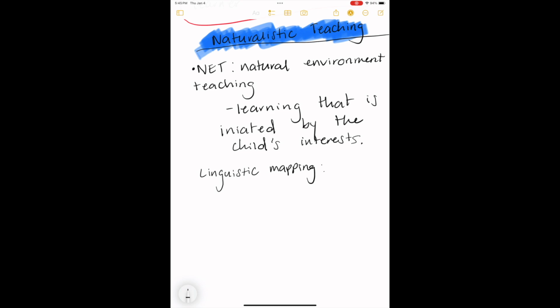You learn this when you're studying behavior analysis at a master's level.